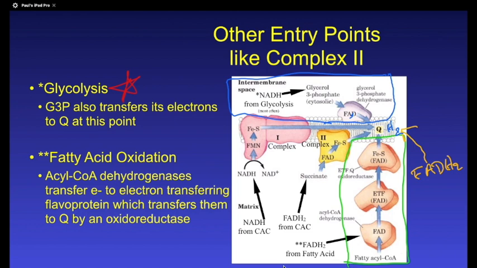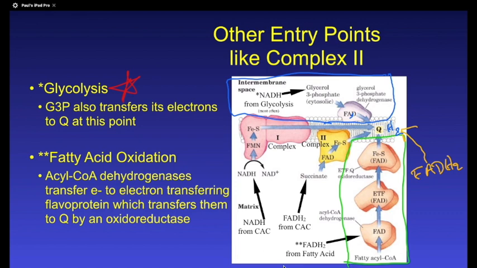What do you not see happening in complex 2 at all? Which happened in complex 1? Yes, no protons go from the inside to the outside. What we have done is put the electrons into QH2 so it can complete the cycle, but no protons are pumped across.